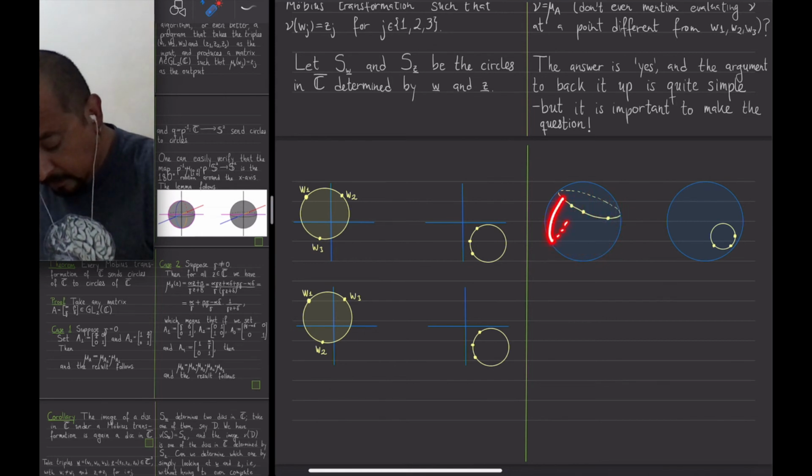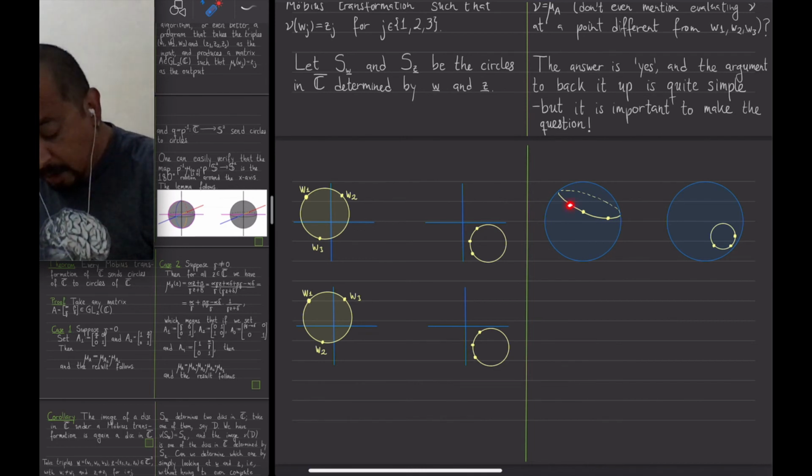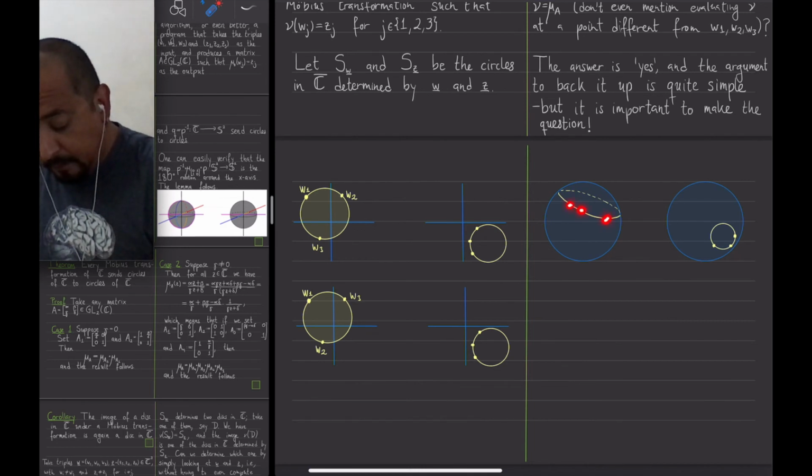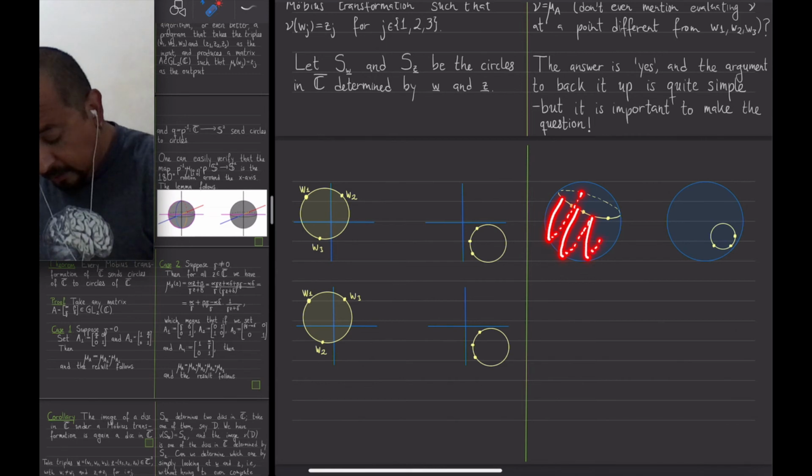Whereas if this is W1, W2, W3, for instance, then I would have to traverse the circle this way, and then this disk becomes oriented counterclockwise, and this other disk becomes oriented clockwise.